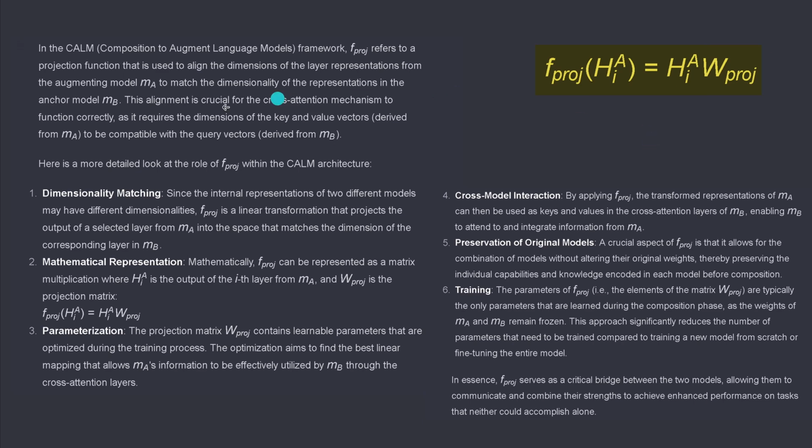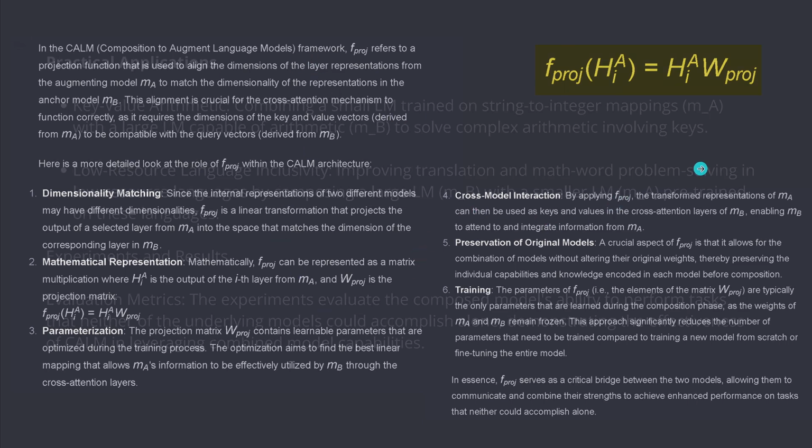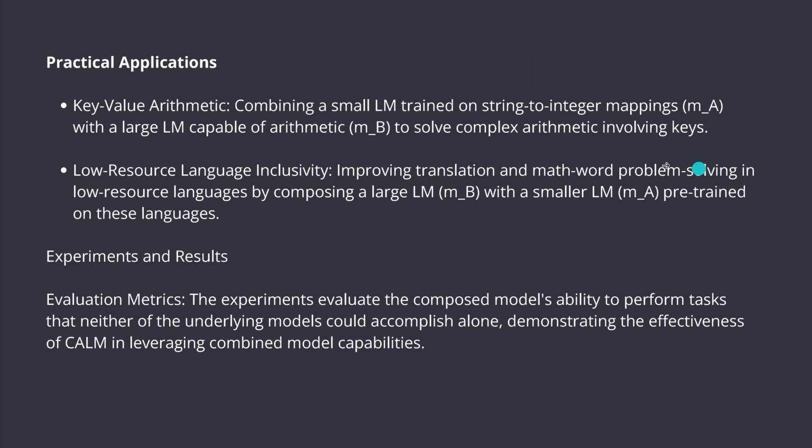Yeah, and for you here, the composition to augment language models, if you want to look a little bit more at the projection functionality in our projection layer, our first layer that we have in CALM, I've written this for you, but it's already explained. Now, what are the applications? The authors used it for some key-value arithmetic or for low-resource language inclusivity.